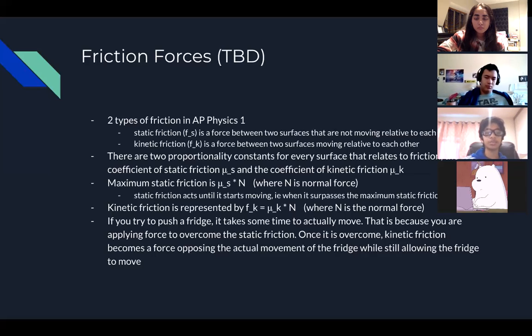Let's say the maximum static friction value is 70 Newtons. If you push with 30 Newtons, the friction force will be 30 Newtons. If you increase that to 50 Newtons, friction will become 50 Newtons. If you push with 70 Newtons, friction will become 70 Newtons. And once you start pushing more than 70, static friction can only top out at 70, so it'll only remain 70. So if I push at 90, it'll stop at 70. You can think of it as peaking at the top.